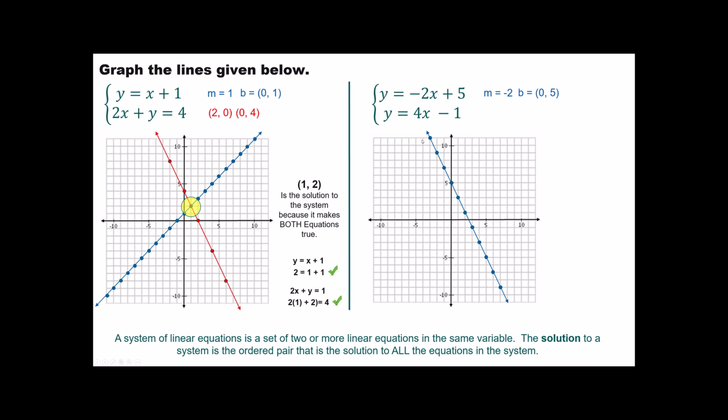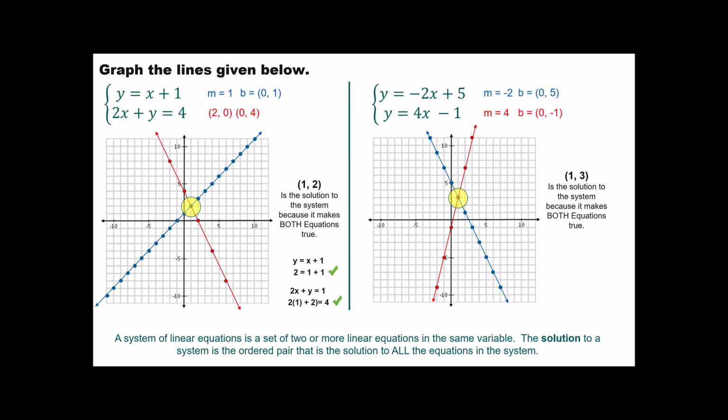Our second equation in our system has a slope of 4 and a y-intercept of (0, -1). So I start off at -1 on the y-axis, and I use my slope of +4 to graph my line. Notice once again, I have a single point that makes both of those true. It's the coordinate (1, 3).